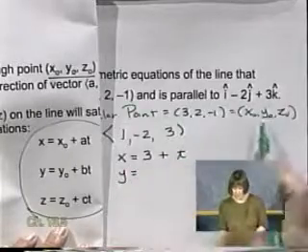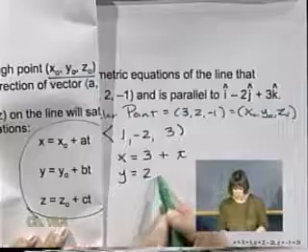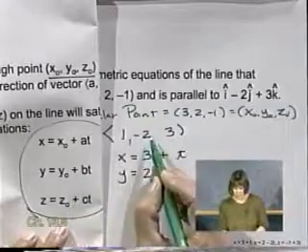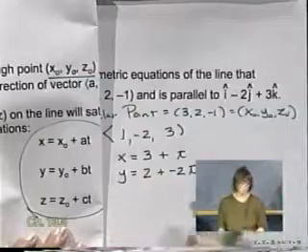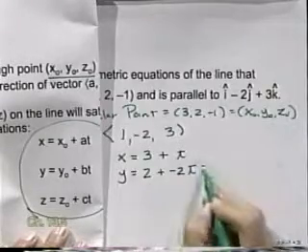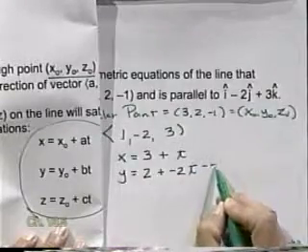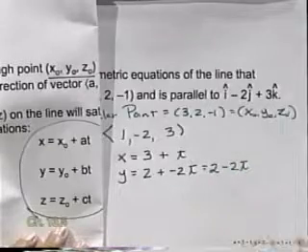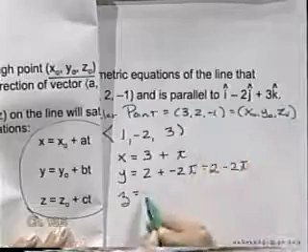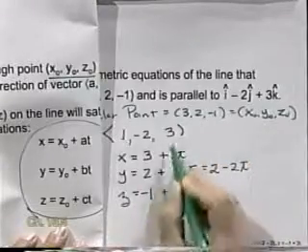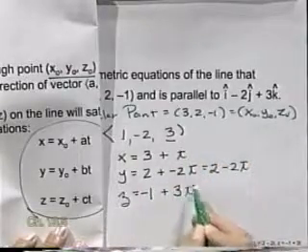Y is y naught, which is 2, plus b, which is a negative 2, times t. It probably would be nice to write 2 minus 2t, I guess would look prettier. And z is equal to z naught, which is a negative 1, plus c, which is 3 times t.